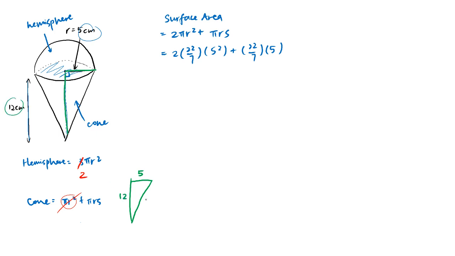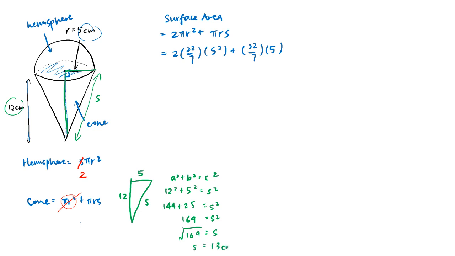And your slant height over here. This is your slant height 嘛对不对。记得 cone 是要用 slant height 的。So let's put an S here first. Okay, so Pythagoras theorem: A square plus B square equals to C square. A which is 12 square plus B which is 5 square equals to S square. Okay, 144 plus 25 equals to S square, 169 equals to S square, and there you go, square root of 169, so your slant height would be 13 cm.